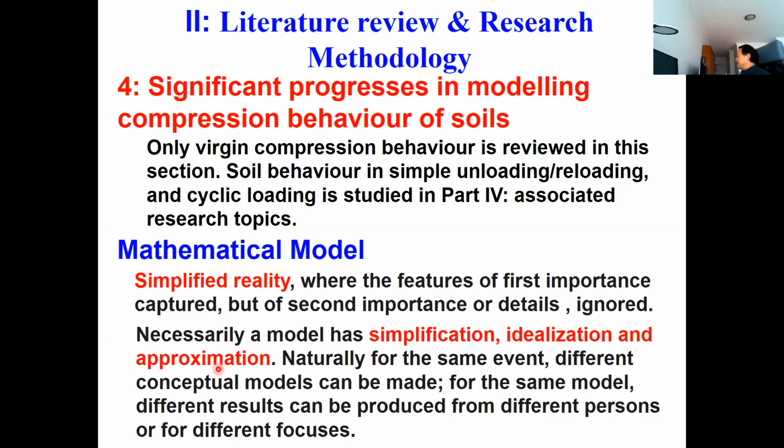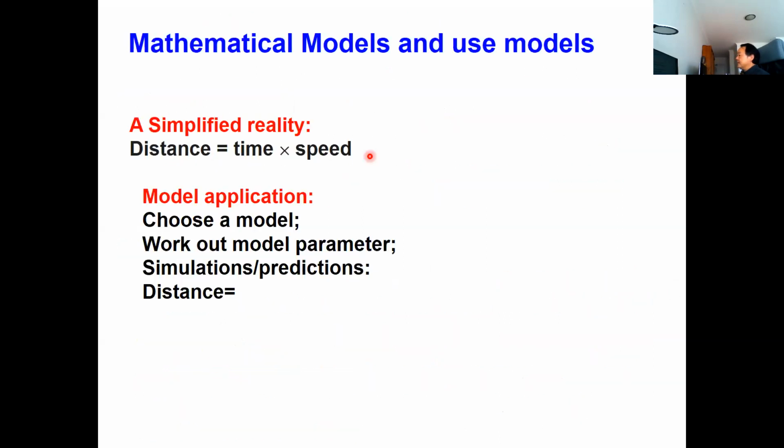It only considers the major features. For example, if we wanted to calculate the distance, our simple model would be time times speed, but actually the speed changes. We ignore the speed variation, and we take it as a constant.